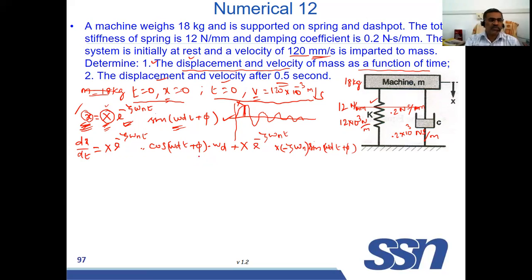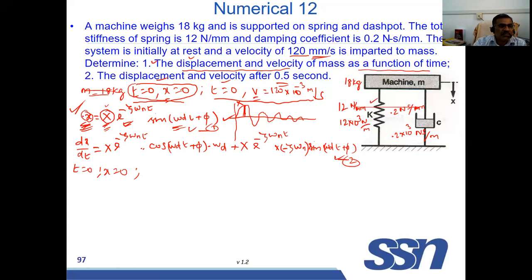Now what you have to do? Apply the first boundary condition: when t is equal to 0, x is equal to 0. This is equation 1, the displacement equation, and this is equation 2, the velocity equation. In the displacement equation, substitute t equal to 0 and x equal to 0.